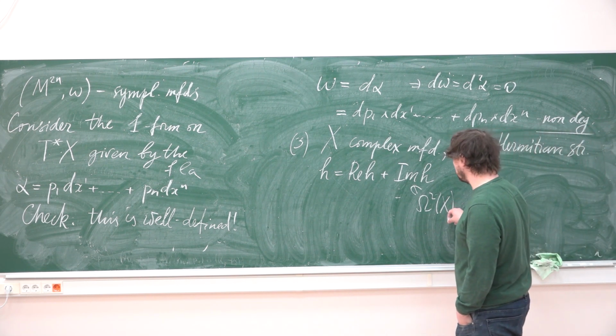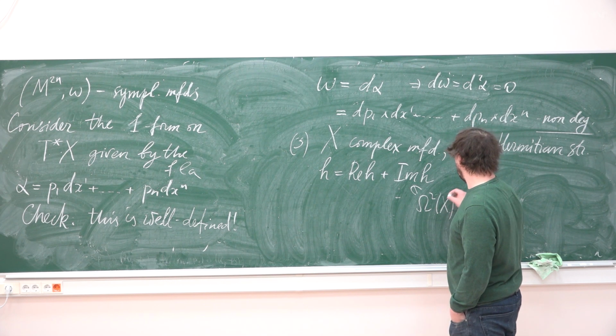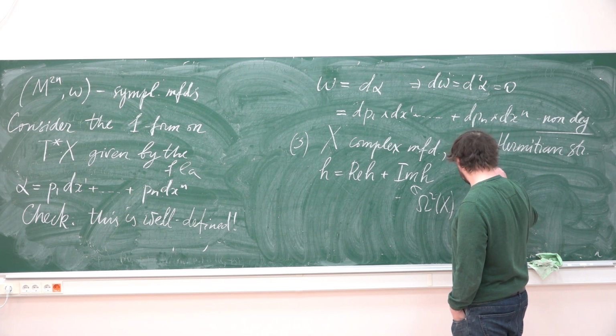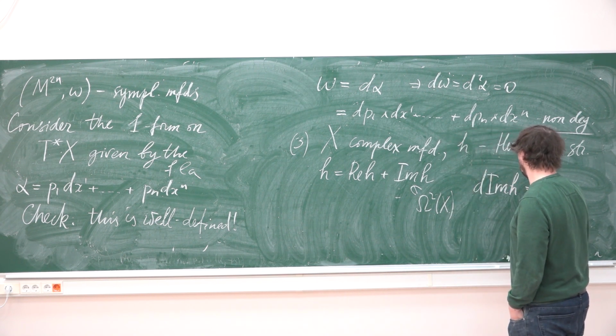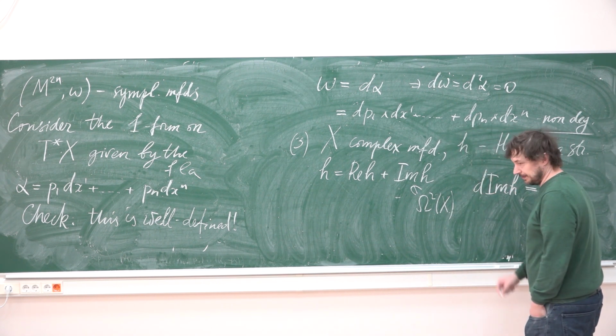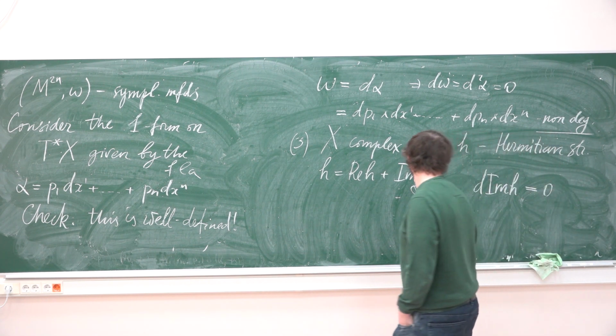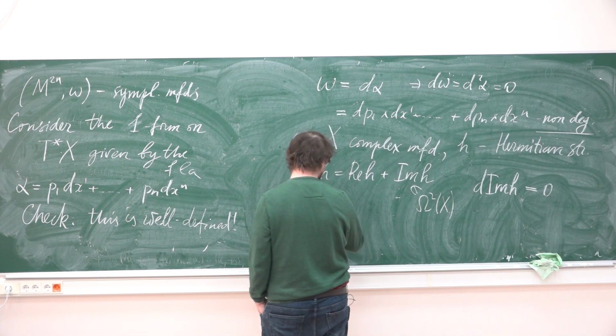So when you take this differential two form, sometimes it happens to verify the condition that its de Rham differential vanishes. In this case, X is called a Kähler manifold.